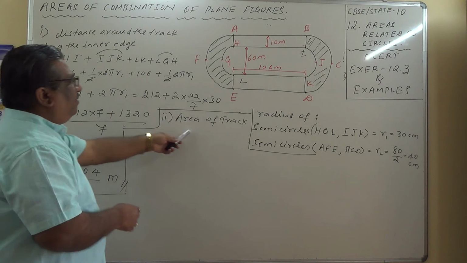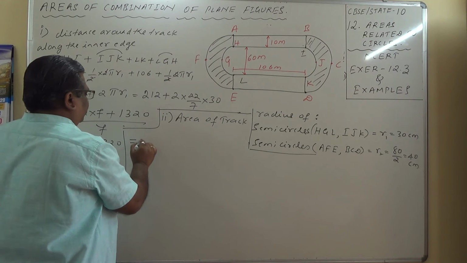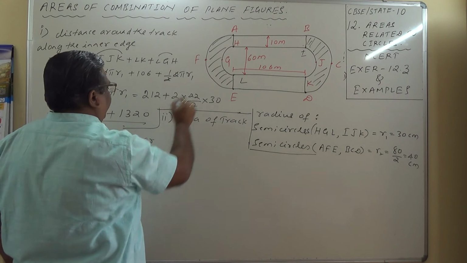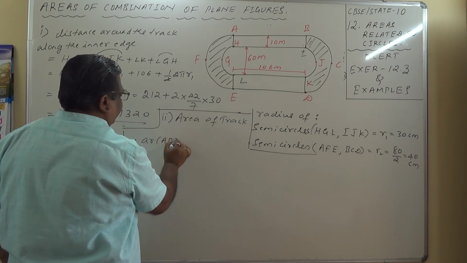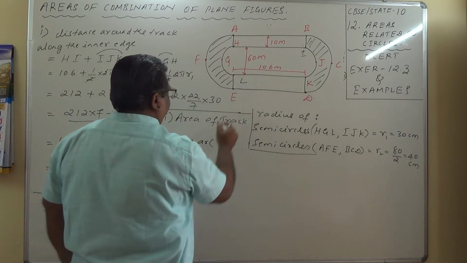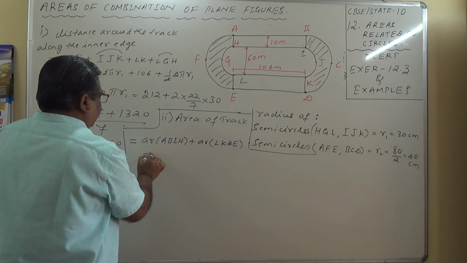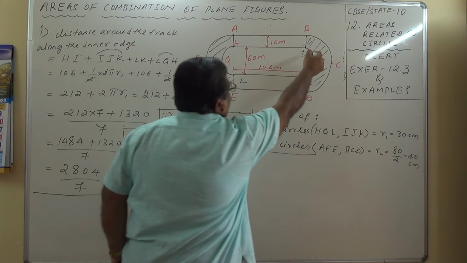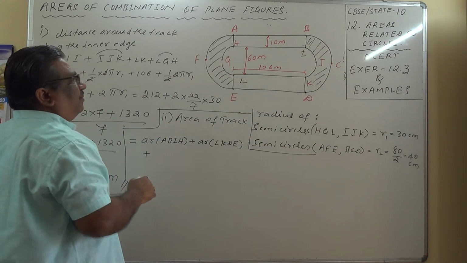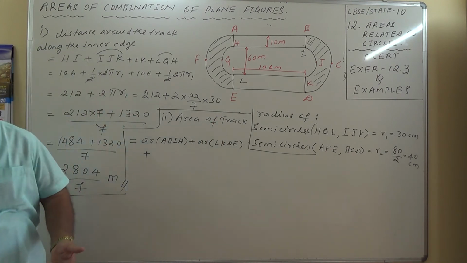So the area of the track is given by area ABIH, a rectangle, plus area LKDE, plus this semi-annulus BCDJB, the area of the semi-annulus. Let me check what I have written.